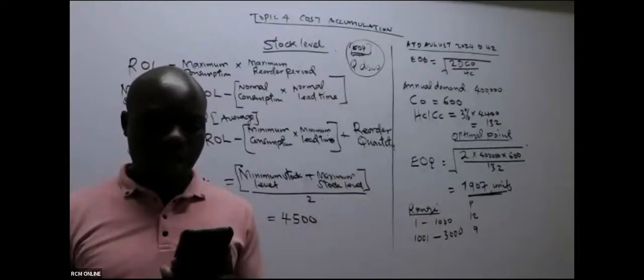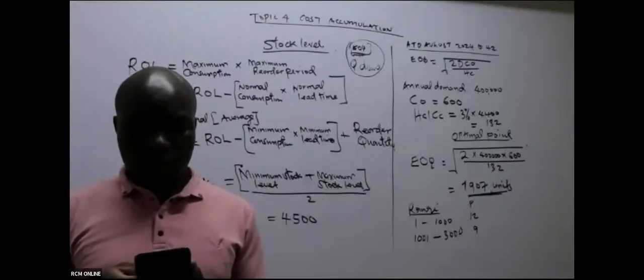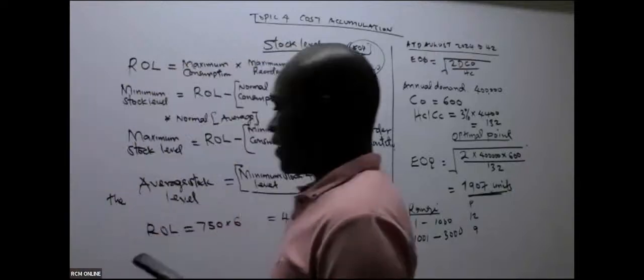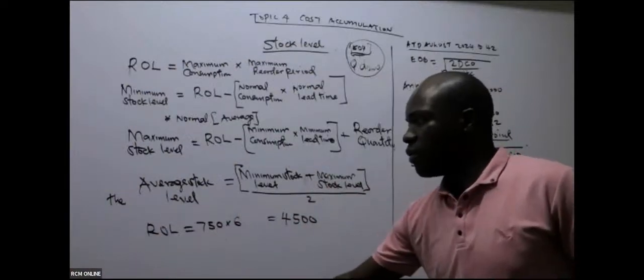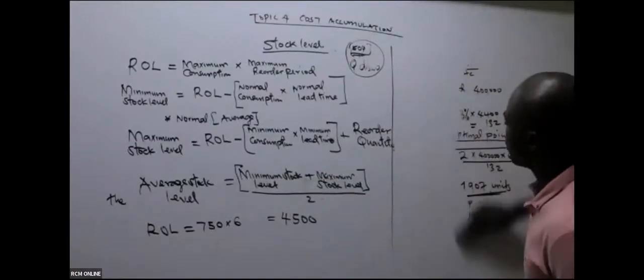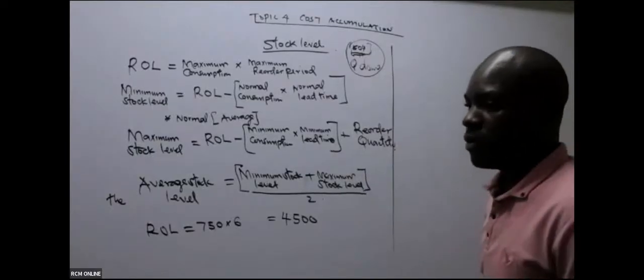CPA April 2024, question number 3C. Are we able to move to that place very fast?